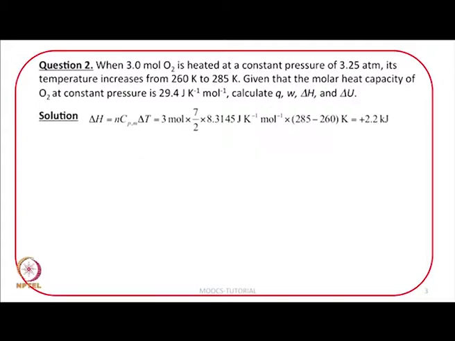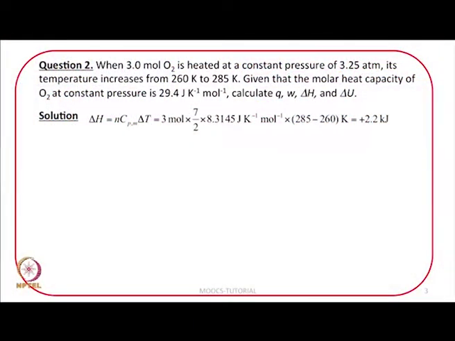A point to be noted here is when you are using the difference, whether you use the temperatures in Kelvin or you use the temperature in degree Celsius, it does not matter. And the calculation suggests that the number turns out to be plus 2.2 kilojoules.